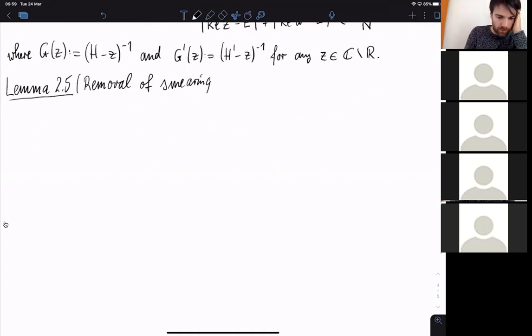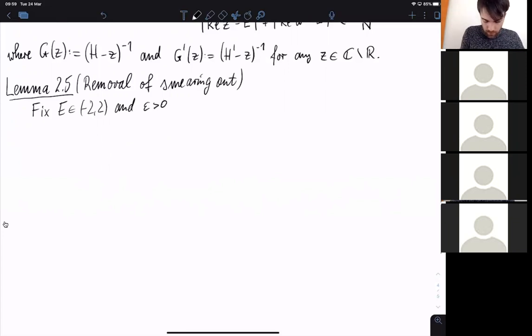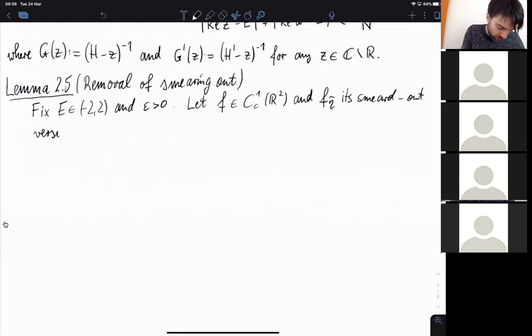Well, now we'll just need one Wigner matrix, and we fix an energy E in (-2, 2), and a positive epsilon, and then we have a function f on R^2. And then f eta tilde with this smeared out version that we defined before.